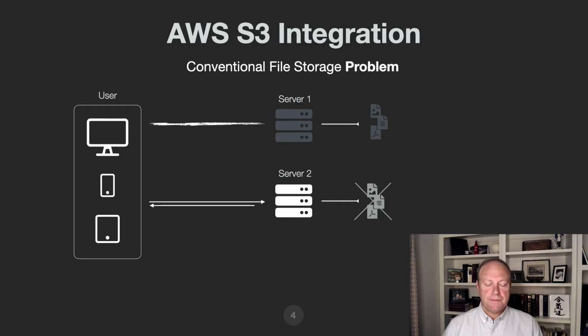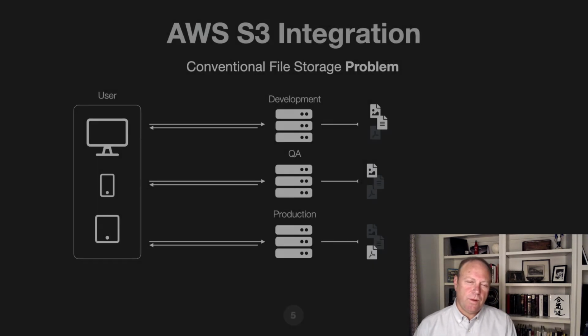So a lot of times you'll see missing attachments, especially in FileMaker, unless you architect your solution and then try to solve for those problems that come up. So in this slide here, you can see when we switch to a server 2, the files that are attached to the database are still on server 1. That's a common thing we come across.